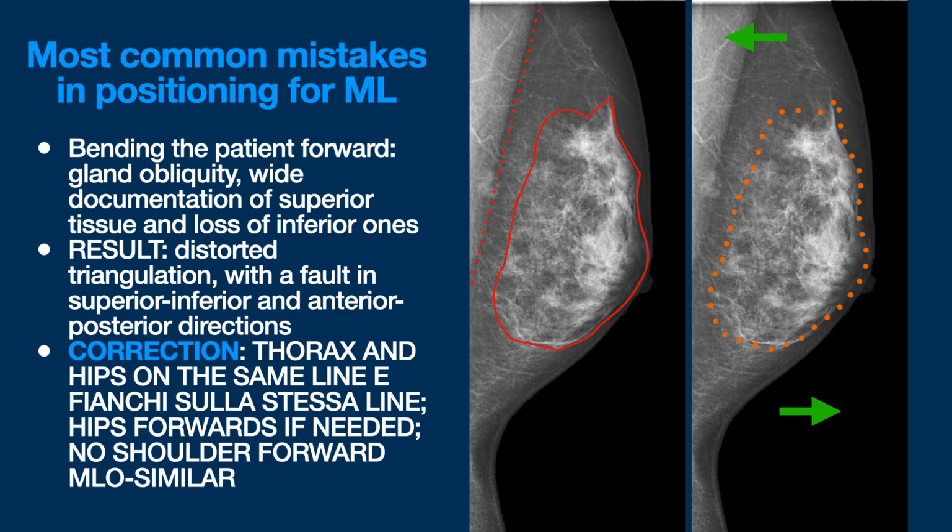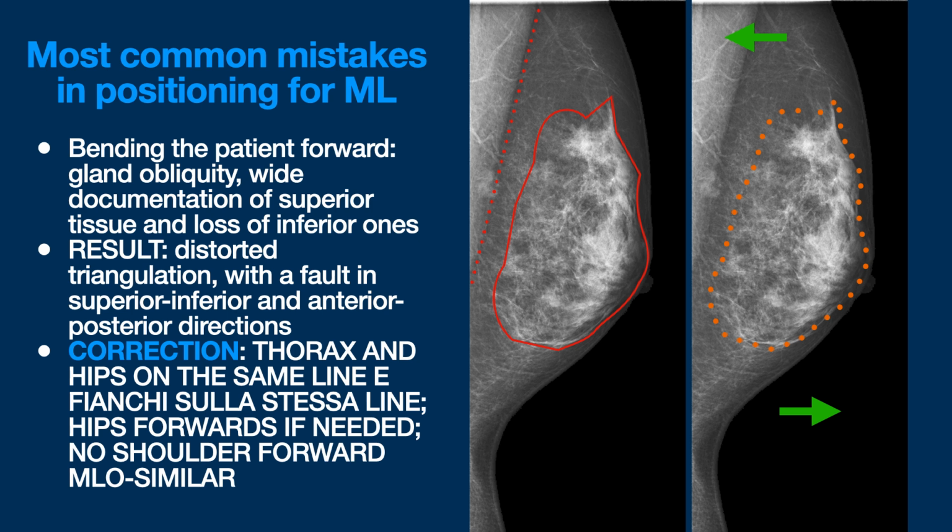Same mistakes on the images. This one looks like an excellent medio-lateral projection, right? In reality, the triangulation here would be wrong. The glandular body is not perpendicular to the chest wall. The patient is leaning forward with the upper part of the chest, proven also by the fan-shaped muscle.